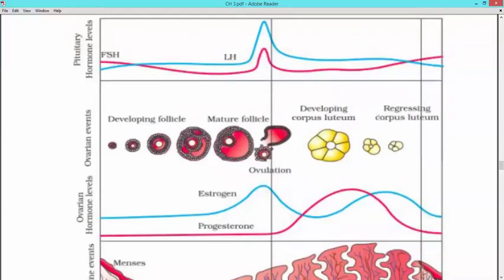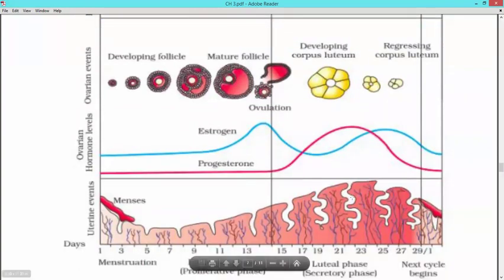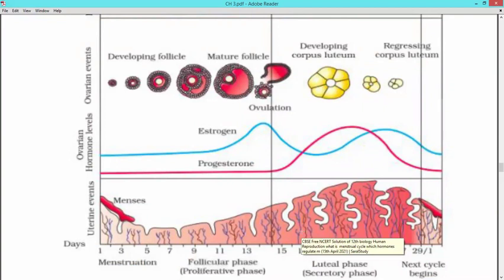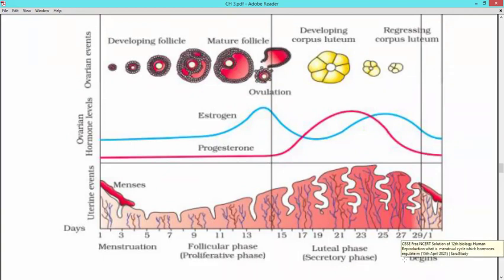These are the ovarian events which are taking place inside the ovary, and these are the ovarian hormones, the two, estrogen and progesterone. And these are the uterine events, that is how the endometrium is broken down and how it is rebuilt. Here these are the three main phases of the menstrual cycle: the menstrual phase, the follicular phase, and the third one, the luteal phase. After the last, again the new cycle begins.